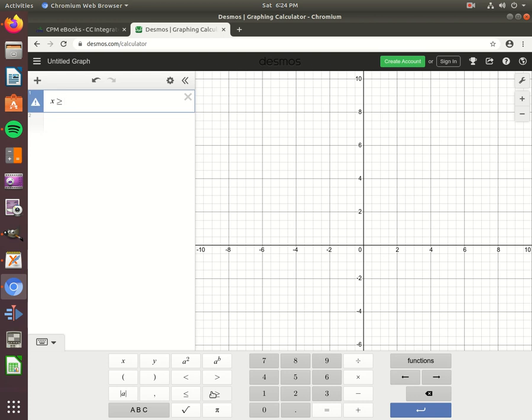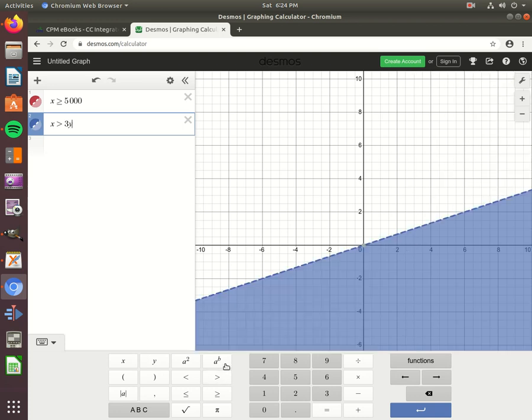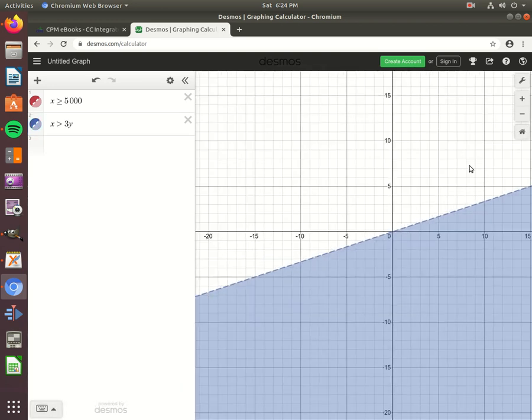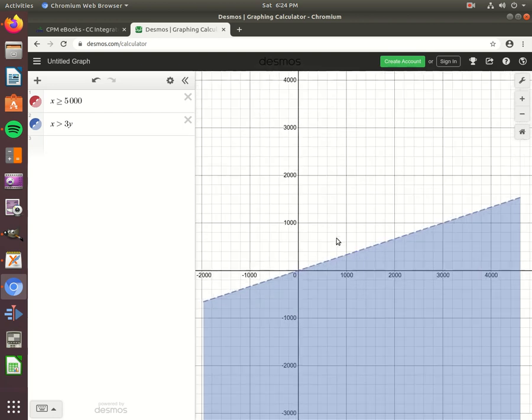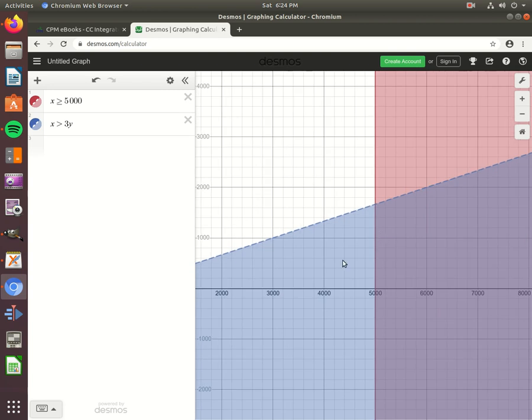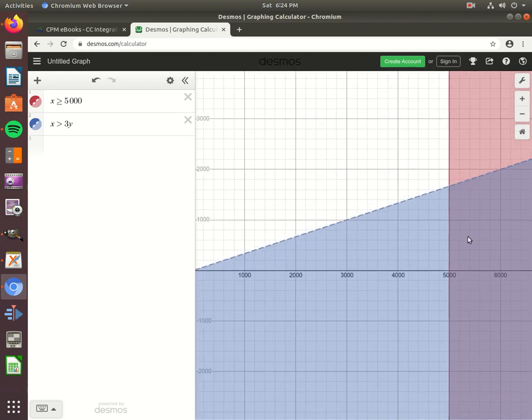So X is greater than or equal to 5,000, and then X is also greater than 3Y. And then I want to look at the answer here. So as I zoom back, because you'll notice I need to get to like 5,000, I get these two things here, and obviously my answer is where they overlap right here.